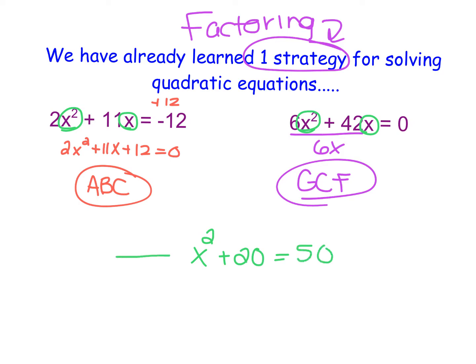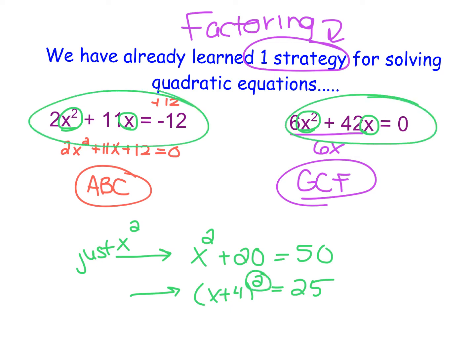This is a situation where we just have our x squared term. Or we might have something where the x squared term is kind of hidden, like x plus 4 quantity squared equals 25. Again, notice that we have this x inside of here. It's ultimately being squared, but it doesn't look like the problems that we saw up here.